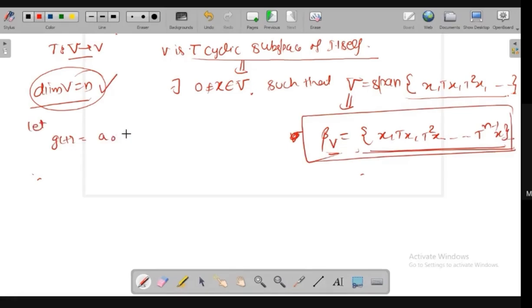g(t) is a0 plus a1 t plus up to ak t to the power k. So this is the polynomial. And also further we assume that ak is non-zero, so its degree is k.